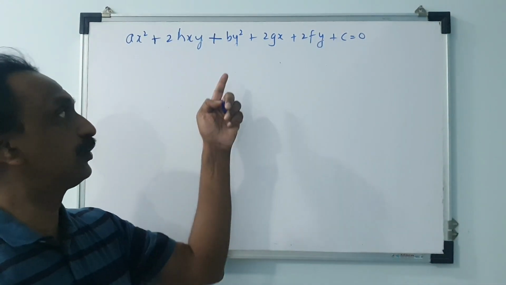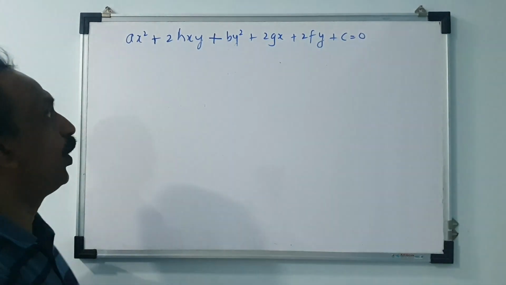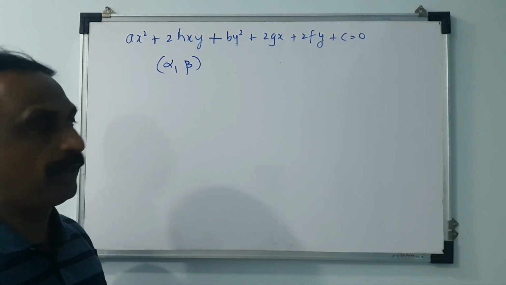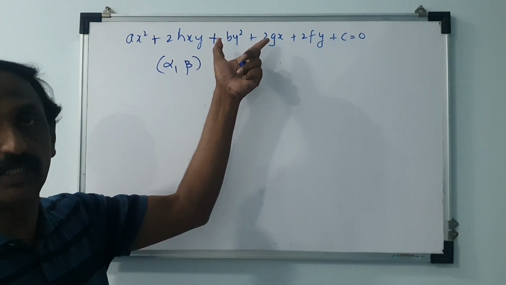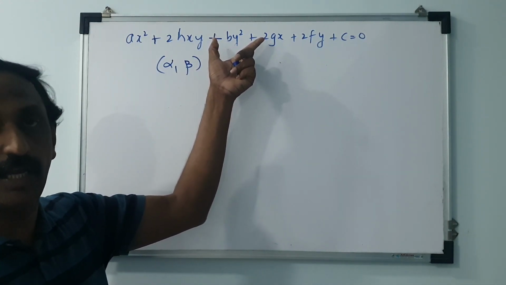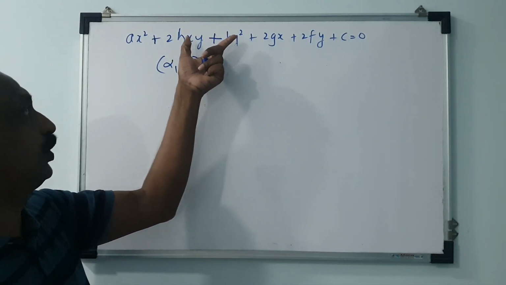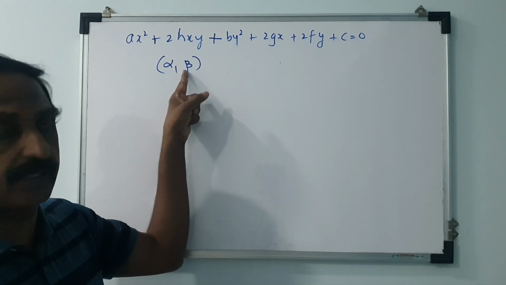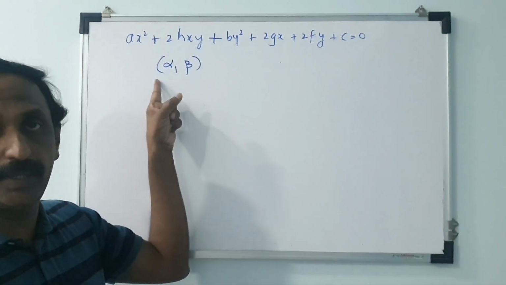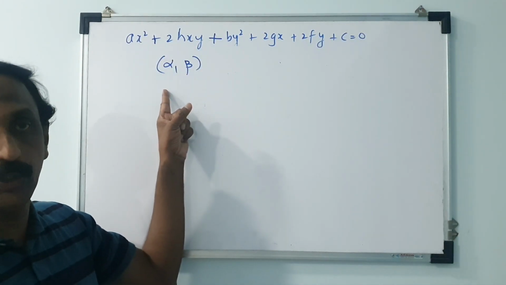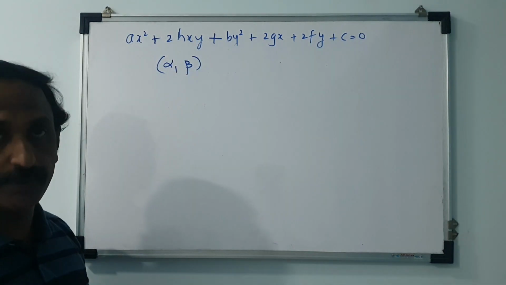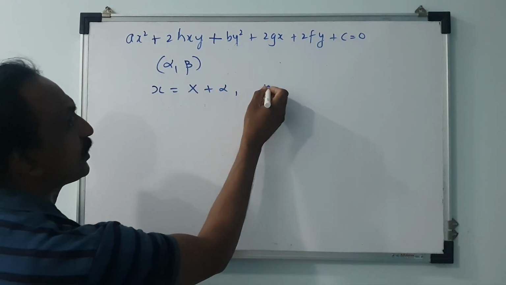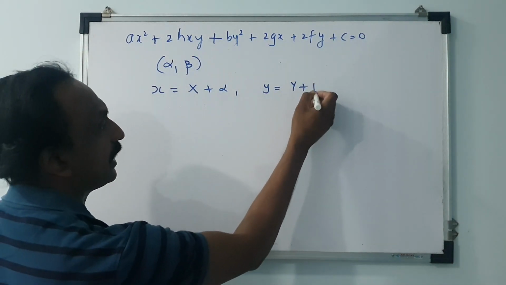lines. As I told you before, let's assume the point of intersection as (alpha, beta). Alpha comma beta is the point of intersection of this equation if it represents a pair of lines. So I'm going to shift the origin to (alpha, beta). When I shift the origin to (alpha, beta), I will change this equation to a new equation. The new equation is obtained by replacing small x by capital X plus alpha and small y by capital Y plus beta.